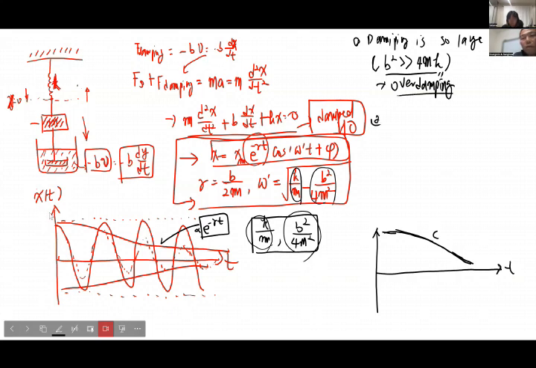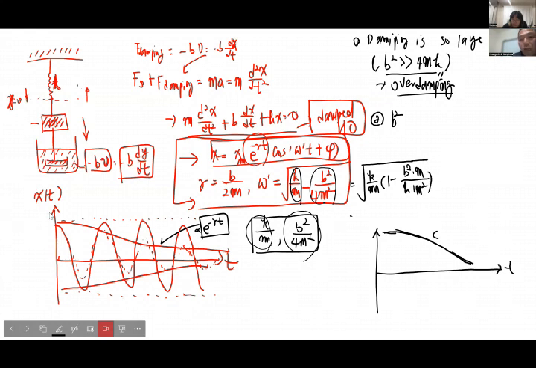Then the second case, the b squared term. Let me just rewrite this equation, then you can understand more easily. If you take k over m out of this, that is 1 minus b squared m over k over m squared, right?